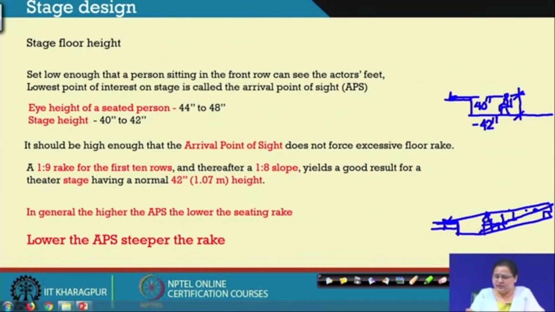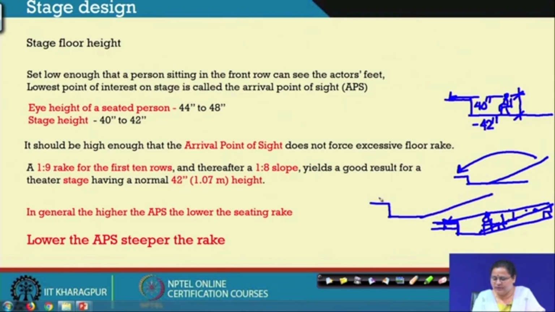Lower is the stage height, you have to rake it further so that the last person can see. Higher the floor stage, lower is the raking, because you are already elevated at a point. So, keeping these in mind, we will go into other details when we come to the audience side.